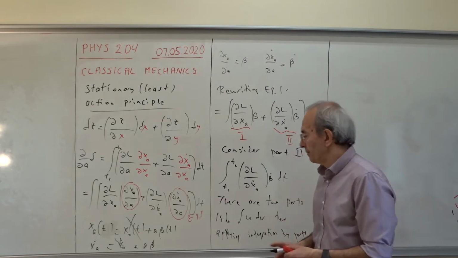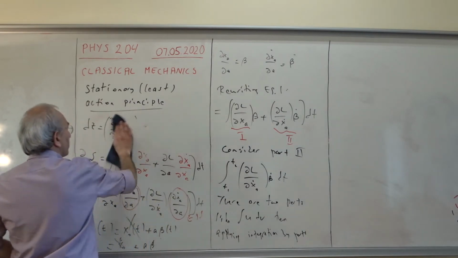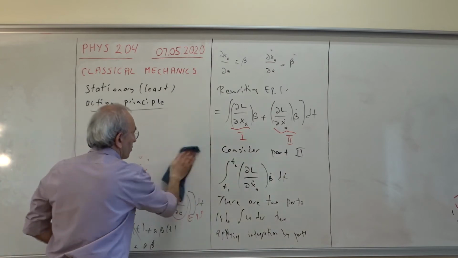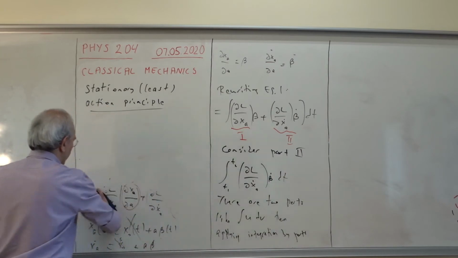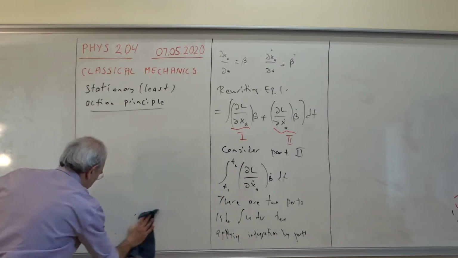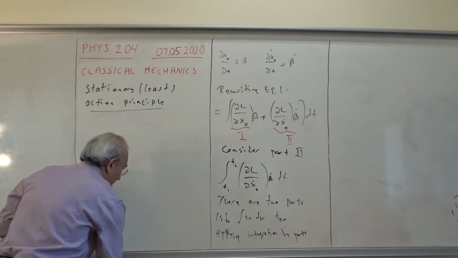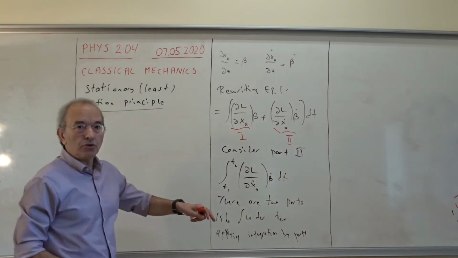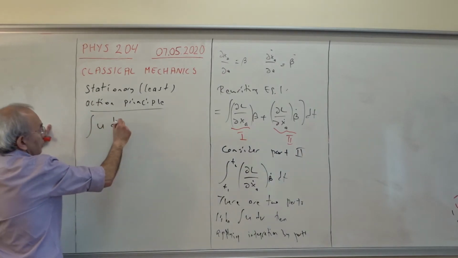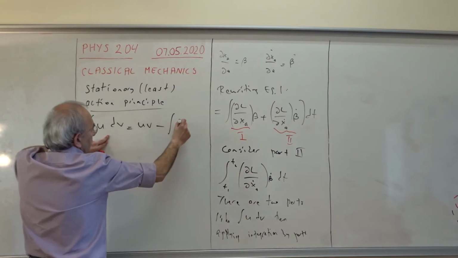what do we get? Remember, an integral like u dv is uv minus integral v du.